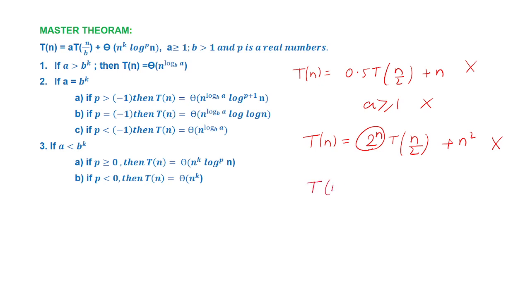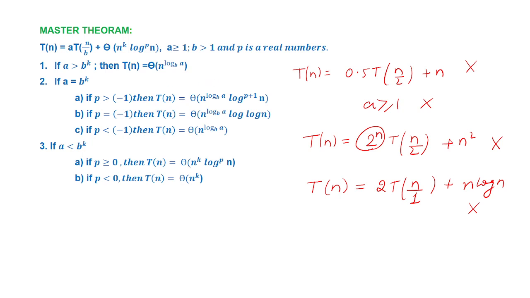Let's say you have any recurrence relation T(n) = T(n/...) plus, let's say, n log n. So here also you cannot apply the Master's theorem. So there are some exception cases also where you cannot apply the Master's theorem even if the recurrence relation is in the form of a T(n/b) + theta of f(n), a function of n.